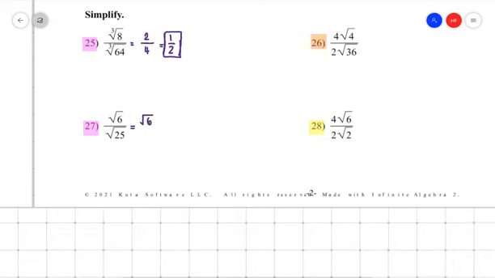But we'll leave the square root of 6 alone for now, and then the square root of 25 is 5, so we can just write that as the whole number. And square root of 6 will not simplify any further, since 6 equals just 2 times 3. So we're not going to be able to simplify that any further, because it won't have any pairs to take out.